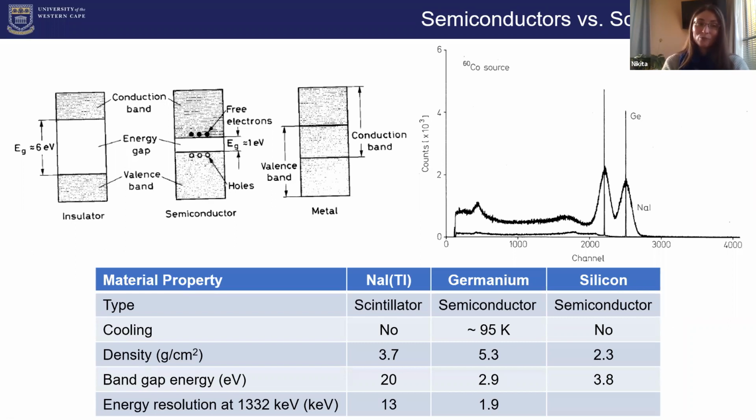And in most of the experiments, in most of the arrays that we're looking at, we actually use a combination of detectors. Today I'm focusing on the germanium detectors, but we never just use germanium. In the case of nuclear reactions or Coulomb excitation, which is mostly what Prof. Nico and the group do at UWC, we always use a silicon and a germanium.